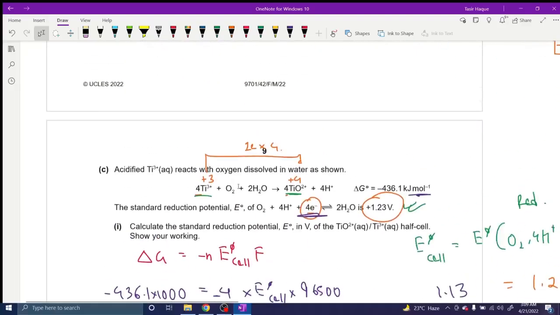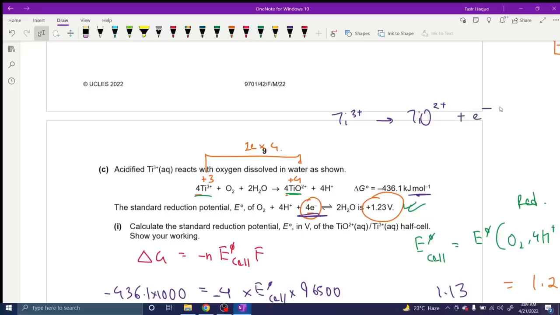So hear me out, guys. Before it was plus 1.23, and this was the reduction potential of titanium, right? To form titanium TiO2 plus, H plus, plus e minus.